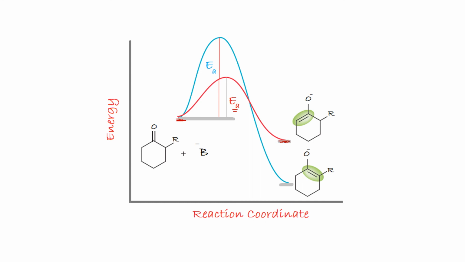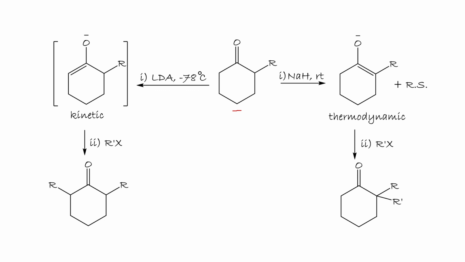But if you use sodium hydride at room temperature, then the activation energy is higher, but the product enolate has low energy. Here is our starting material, sodium hydride, room temperature. We get the thermodynamic control, more substituted, and then when we add alkyl halide, we get the alkyl on this alpha position.